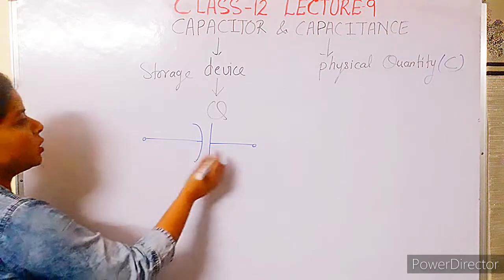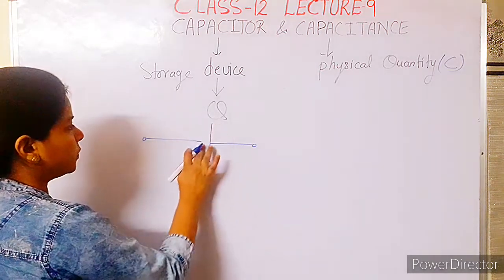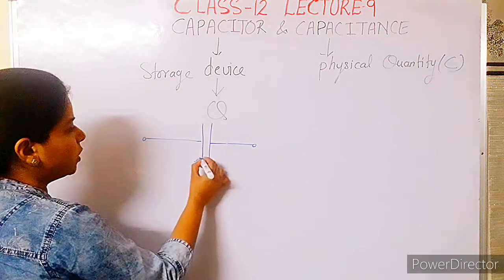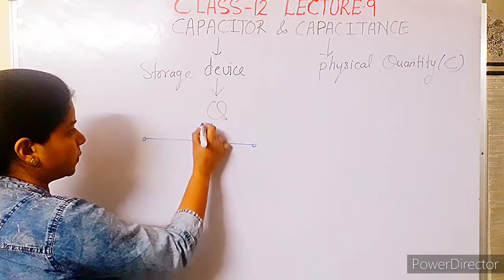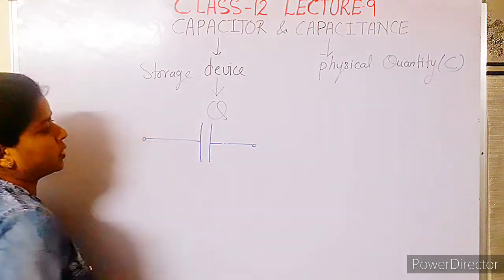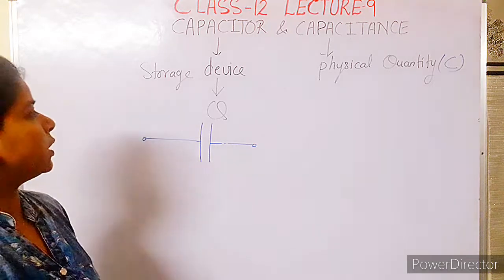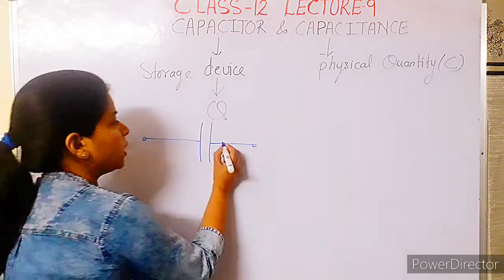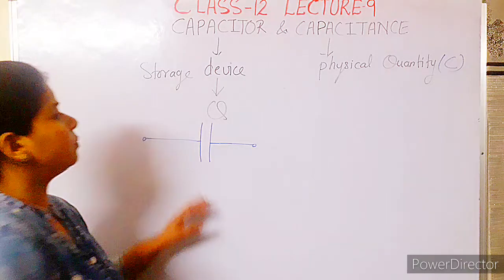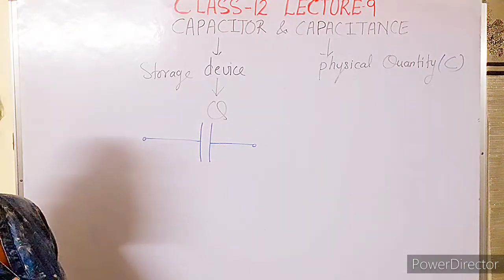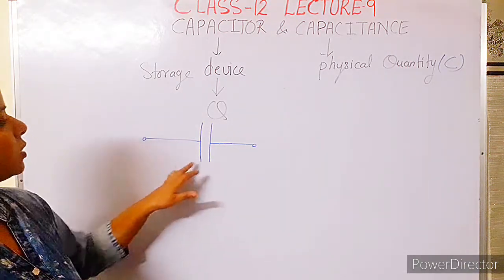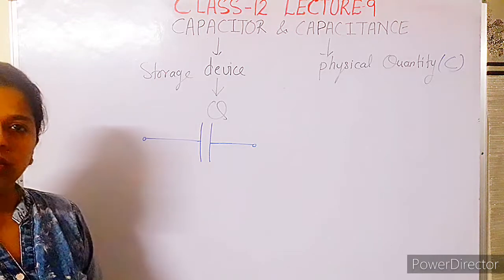These two representations stand for two conducting plates placed at a very small distance. The distance between the two is so small that induction may occur between the two capacitor plates. Initially these capacitor plates are conductors.